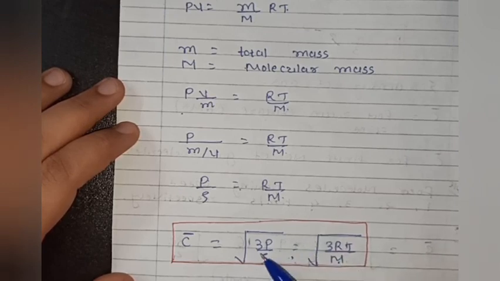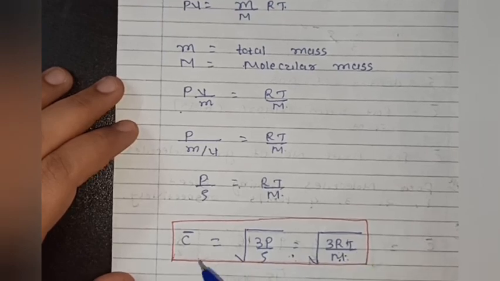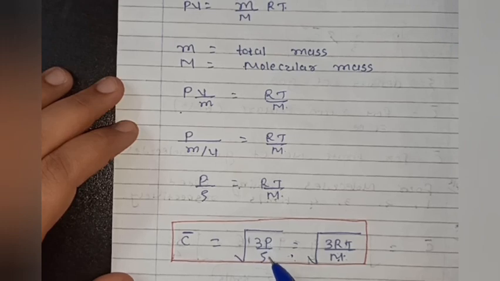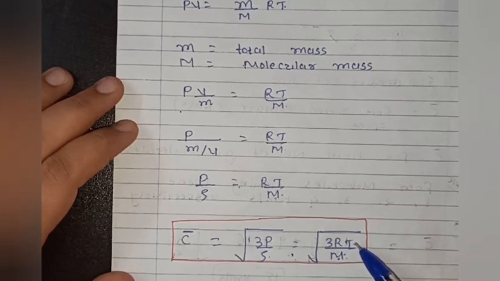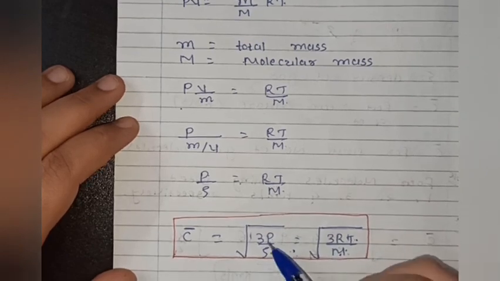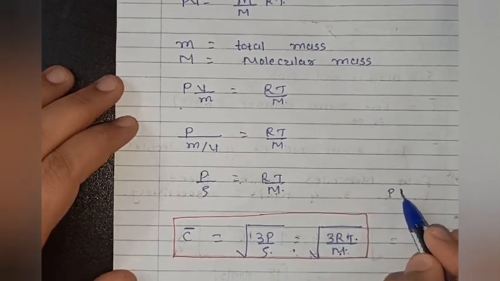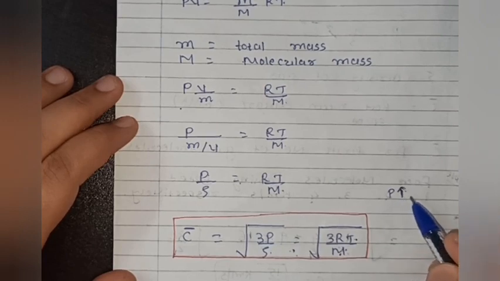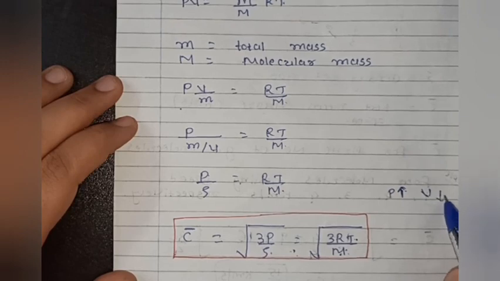Now by seeing these two formulas, we will directly conclude that RMS speed is directly proportional to P, inversely proportional to density and directly proportional to temperature of given gas. But this is not the actual scenario. If pressure is increased, then for given mass, the volume will decrease.